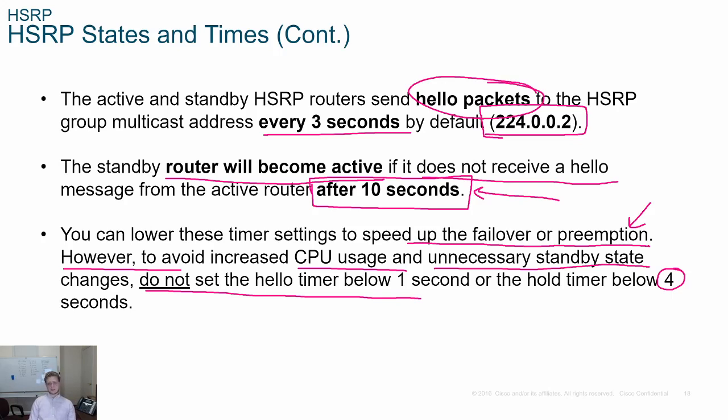And so for the networks that are mission critical, I would say having a hello timer of 1 second and a hold timer of 4 seconds to have a maximum loss of 4 seconds of traffic absolutely makes sense. But for my average user, for my average Joe, if his connection goes down for 10 seconds, it's no big deal. I'm more than happy to leave it at 10 seconds.